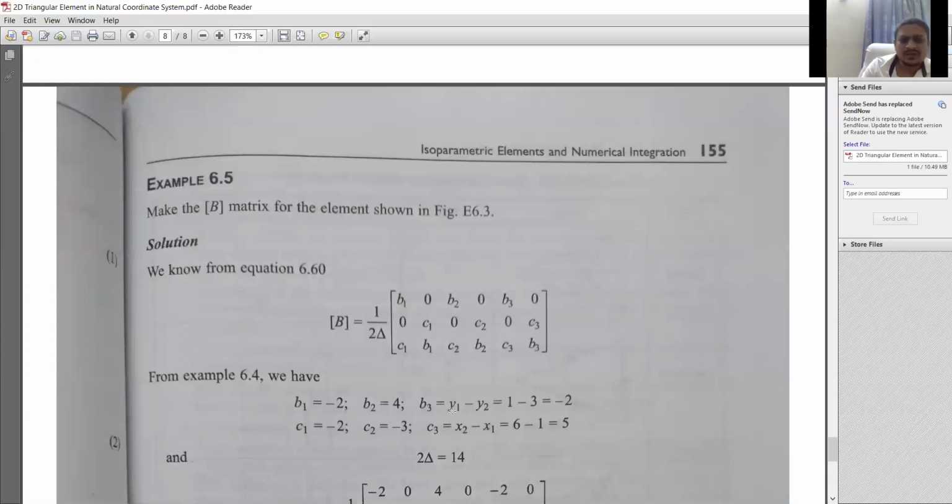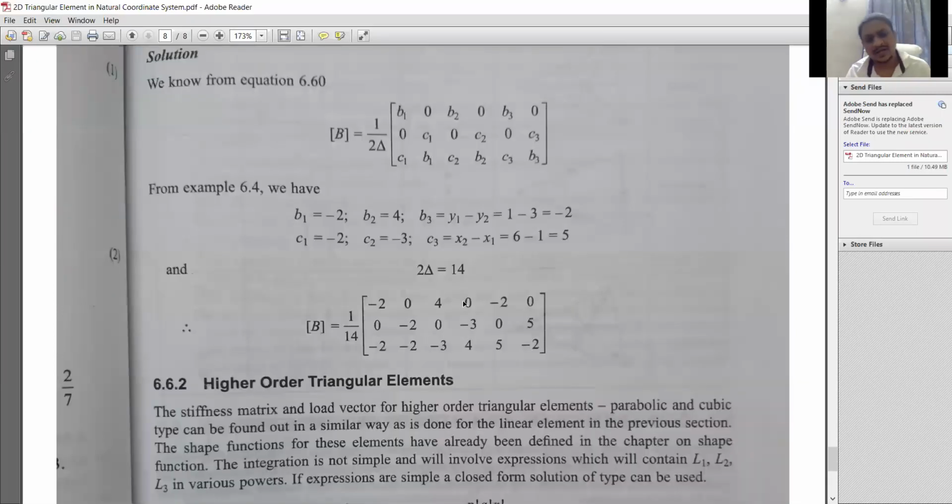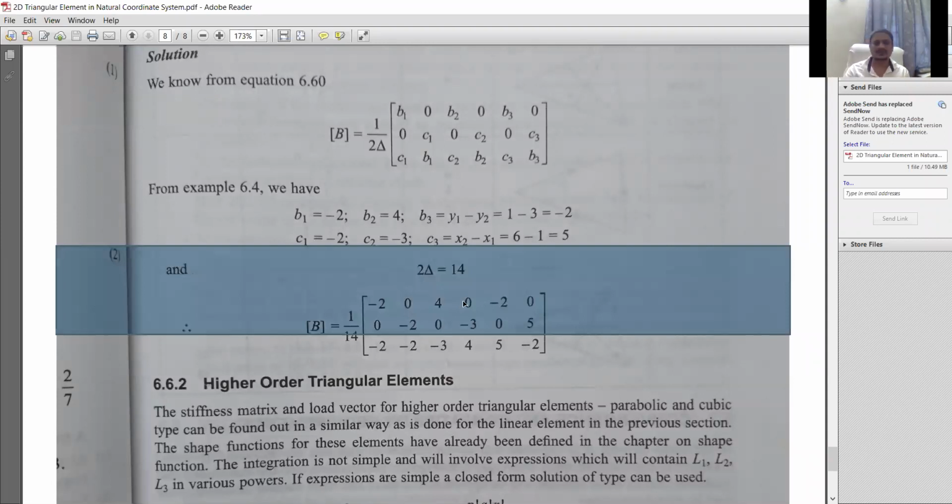After that you can generate the K matrix, that is the stiffness matrix, and proceed ahead with the numerical part. The rest of the problem is exactly similar, only the approach is different. Earlier we used the Cartesian coordinate system, but this time we are using the natural coordinate system.